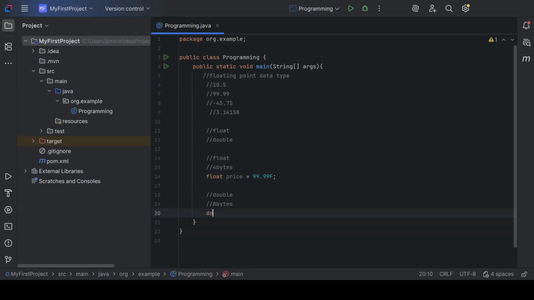For example, double pi equals 3.141592653589793. Because of its higher precision, double is the most commonly used floating point type in Java.